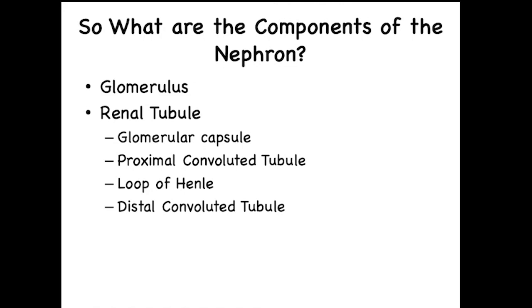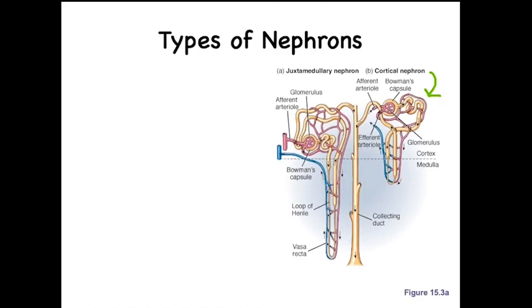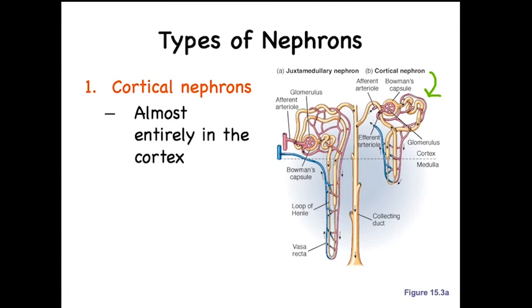There are two types of nephrons. Cortical nephrons have short loops of Henle, and the entire nephron is primarily within the cortex of the kidney. Most of your nephrons will be cortical nephrons, about 85% of them. Their job is to produce urine.